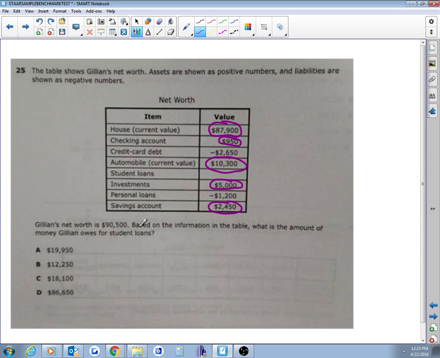Based on the information, what amount does she owe for student loans? So we know this is going to be a negative. She owes money for these student loans. We're just trying to figure out how much negative it is going to be. So we add all these up, the ones I circled, and we get 104,150.